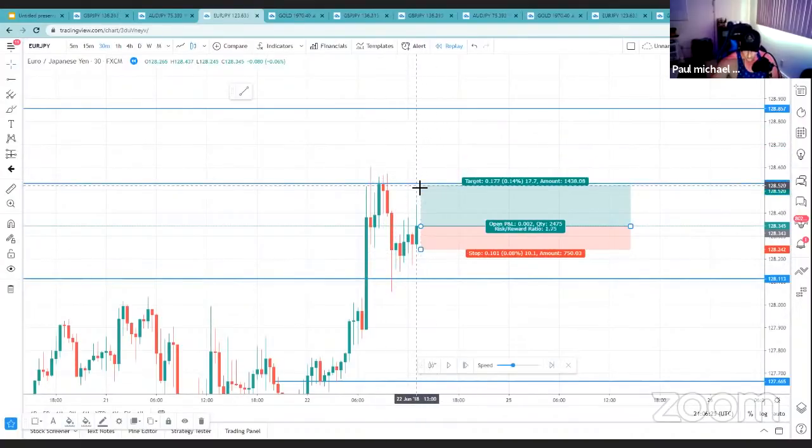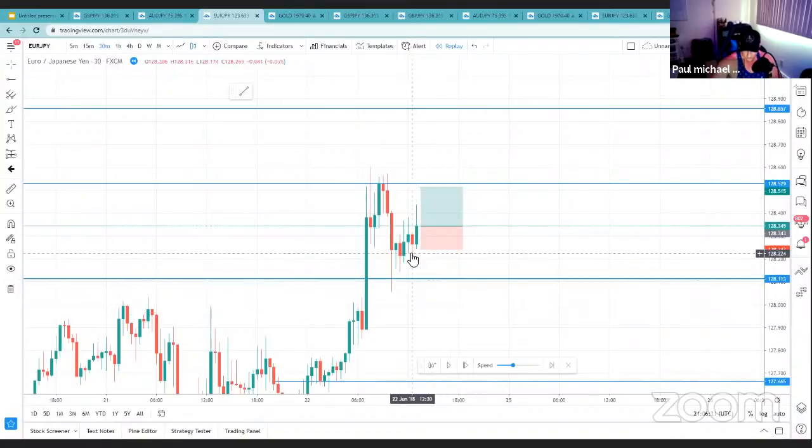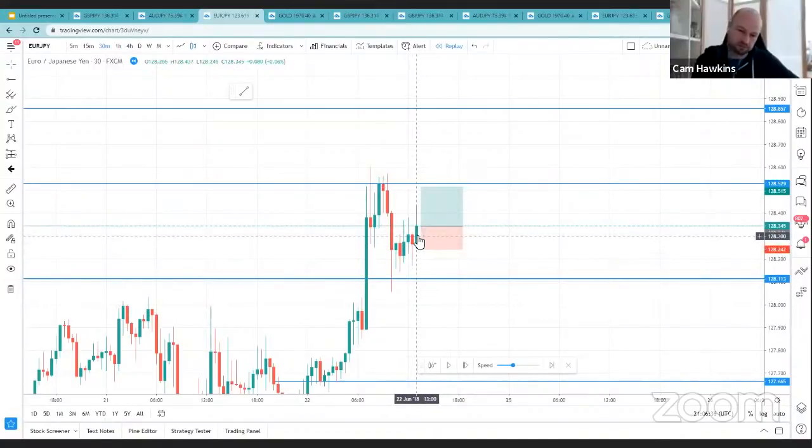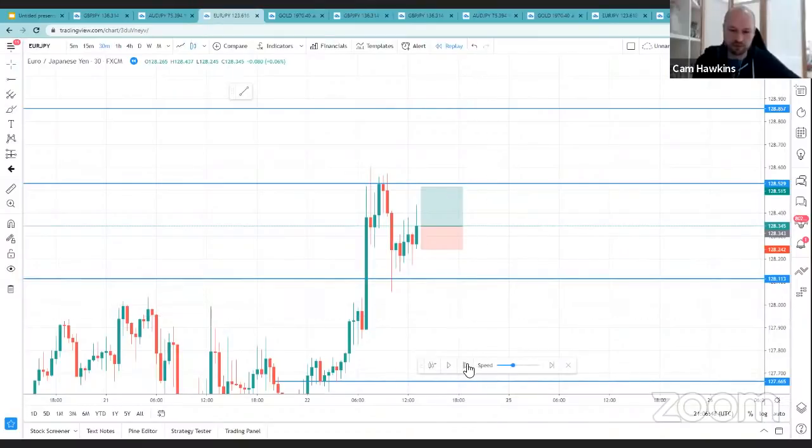Ideally push back up to resistance, but it's kind of midday, I believe. Is this on your time or my time? This is probably your time. I wouldn't trust the time too much, because 13 is probably not 13 for me. Okay, we'll roll with this. Let me grab it and let's go forward.